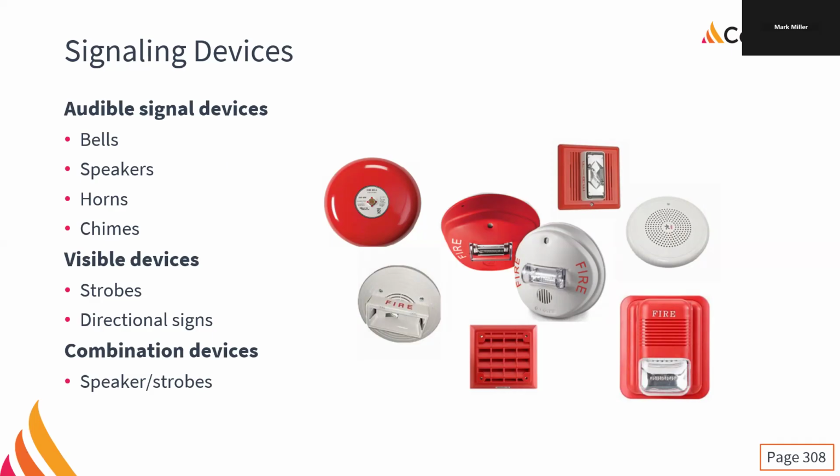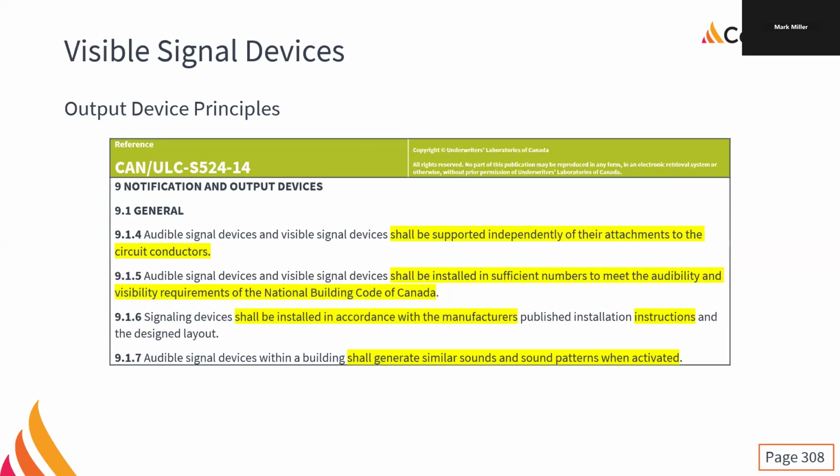You cannot get combination bell strobes. They don't exist. According to S524, the audible and visible signal devices have to be supported independently of their attachments to the circuit conductors. We've got to mount them on boxes.